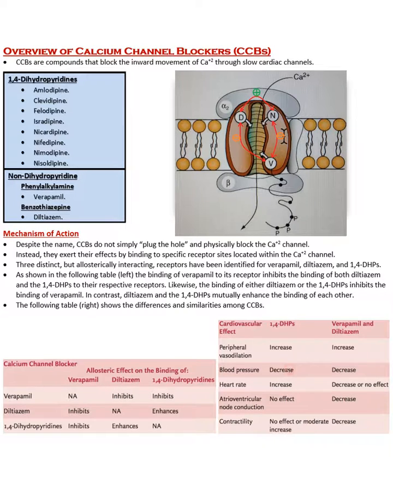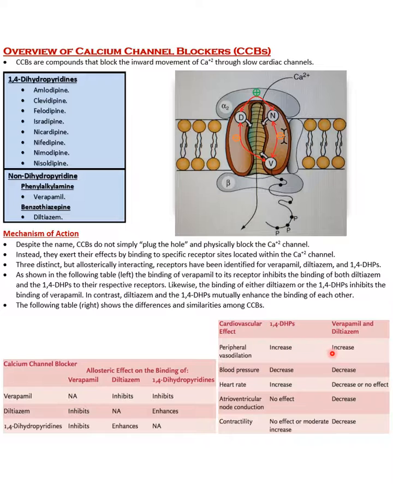The next table here shows a comparison between these drugs. Notice that verapamil and diltiazem have similar effects, which is different from the 1,4-dihydropyridines. The main change would be on these last three features on the effects on the cardiovascular system.